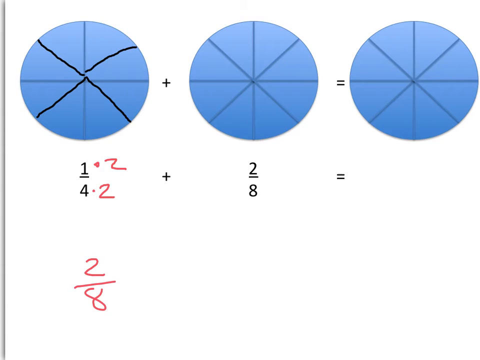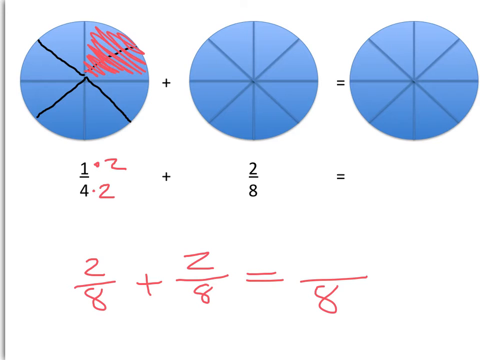Now we can shade in 2 of the 8 pieces, which is 1/4. Moving our second fraction down here so we may see better, we now know that the denominator is 8 and we can add straight across. 2 plus 2 equals 4.